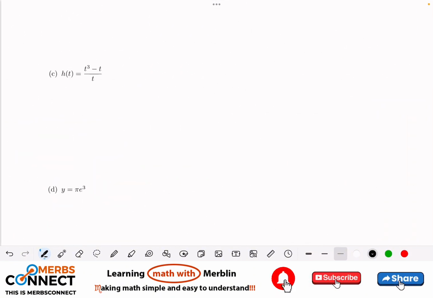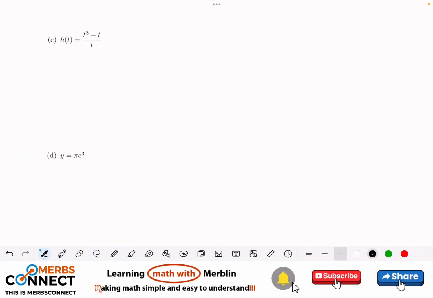And let's look at C. Now C, the same thing. What we can do is simplify this. So t to the power 3 divided by t minus t divided by t. This t to the power 3 is like t times t times t, which is divided by t.